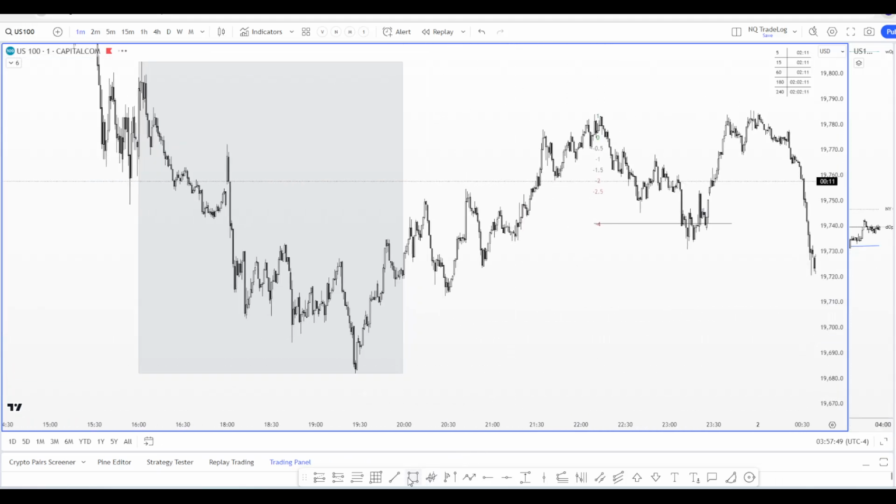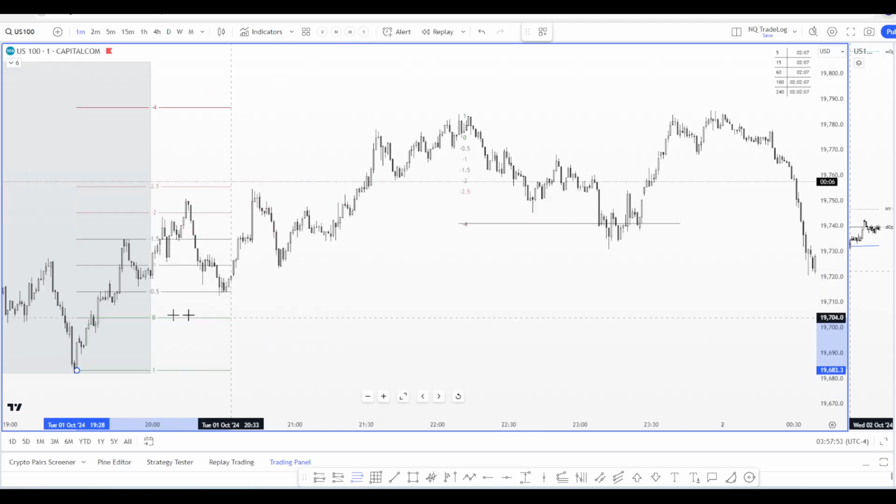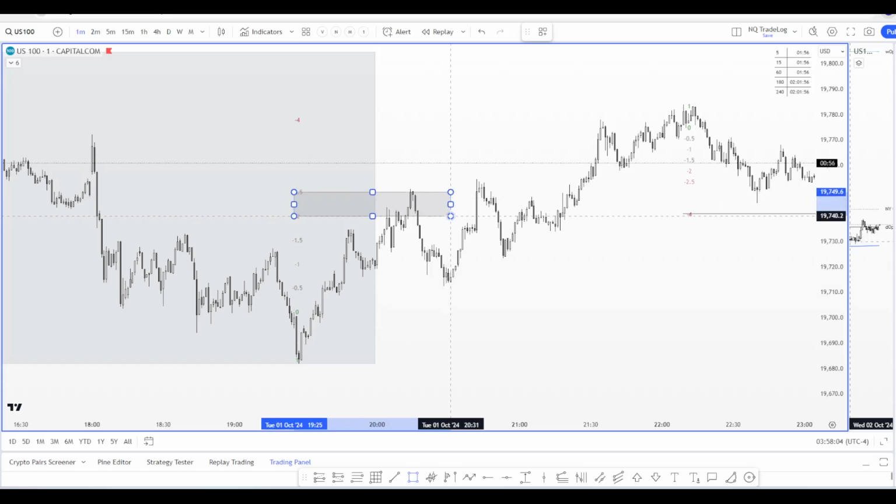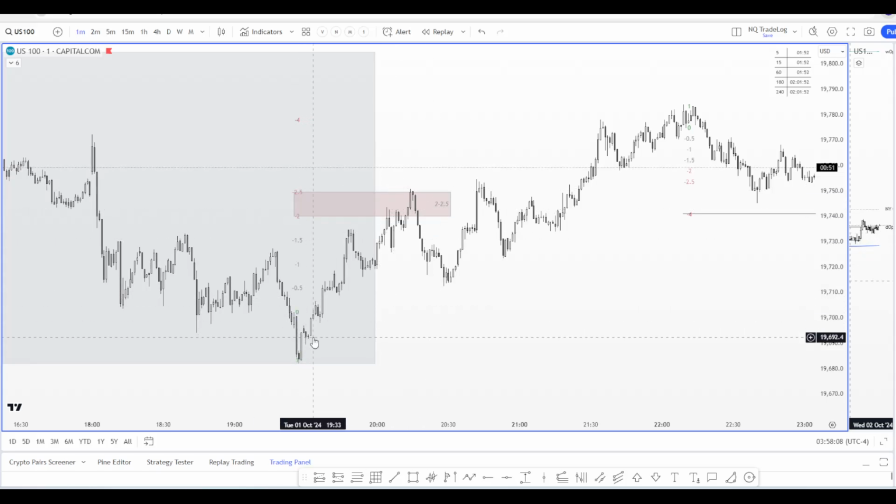Let's go to the next one here. From the swing low to swing high, 4 once again, right? You even see that 2.5 right here. You get a big reaction off of it because all of a sudden the people that bought down here, or the algos that bought down here, see that this is a very good place to start getting rid of some of their inventory, if you can say.